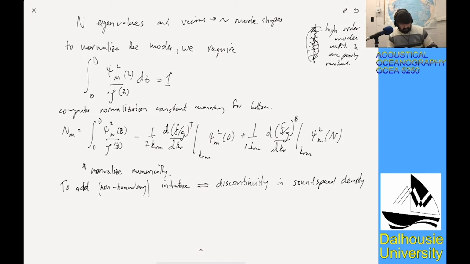So this is at D. We need the derivative: d psi dz, 1 over rho water, equals 1 over rho bottom, d psi dz. So how do we approximate that?